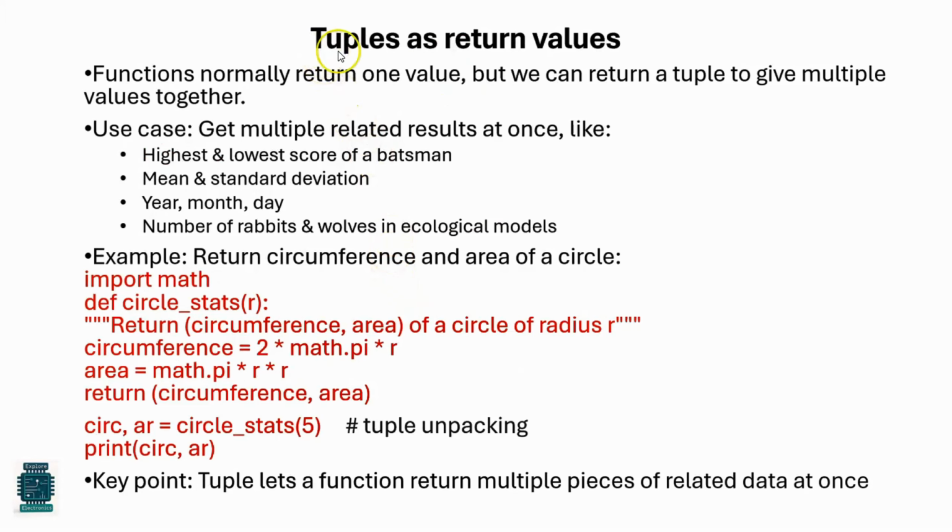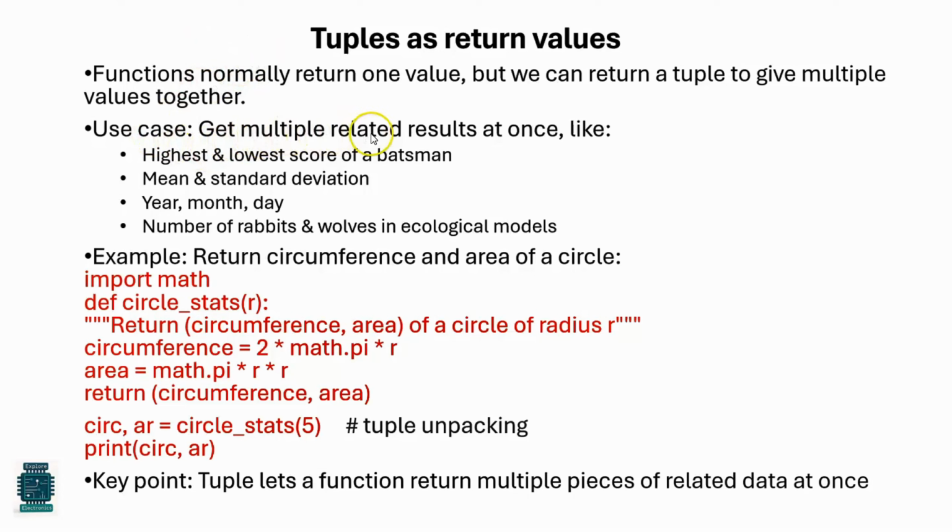And the next topic is tuples as return values. Functions normally return one value, but we can return a tuple to give multiple values together. We can see multiple values returned in tuples, but in functions we normally see only a single value.